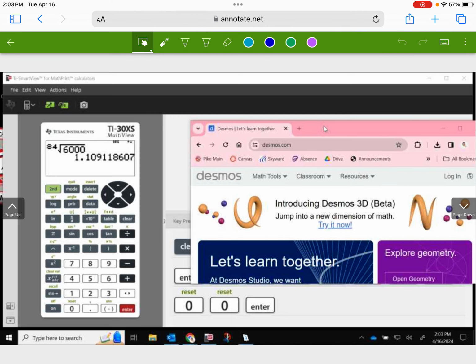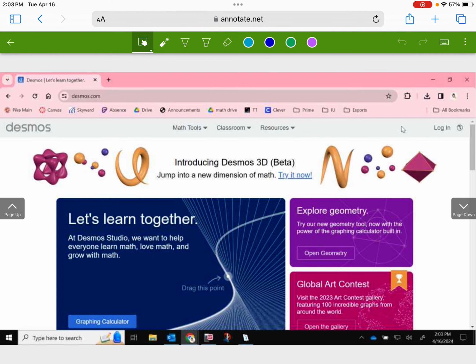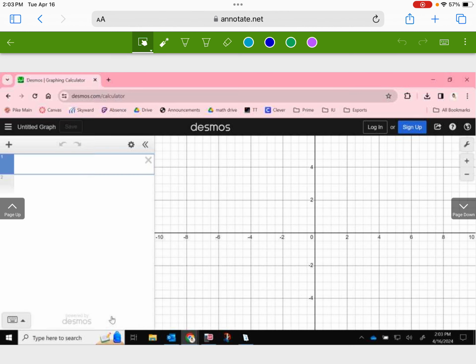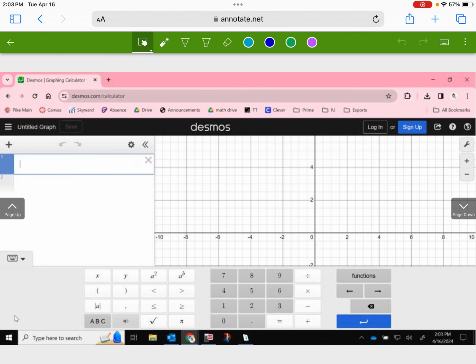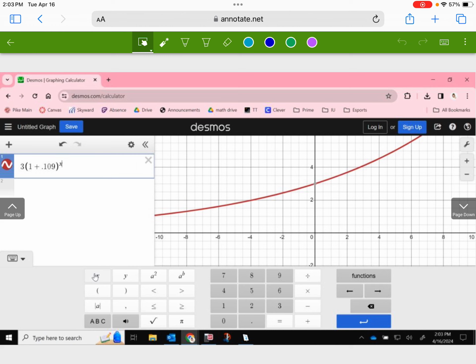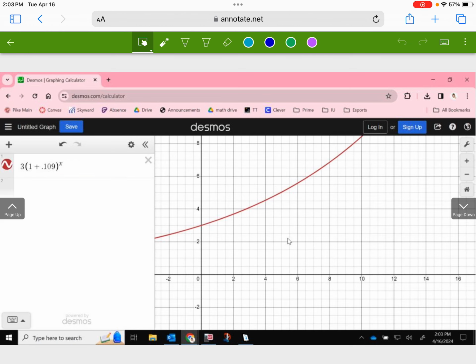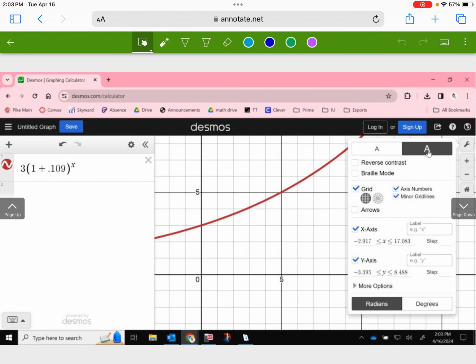Desmos. Graphing calculator. So what I'm going to do is type in our equation here. That was our 3 times the 1 plus 0.109 raised to the exponent of x.